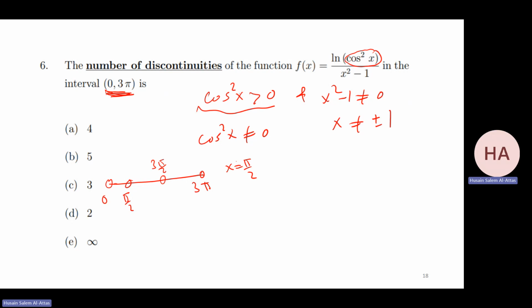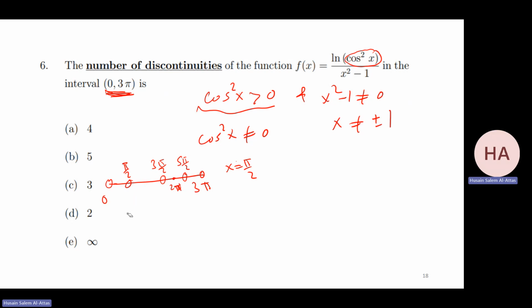That will make it 2 pi, then 5 pi over 2. These are what will make cosine x 0, between 0 and 3 pi.